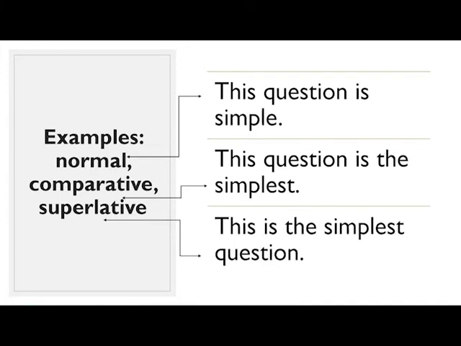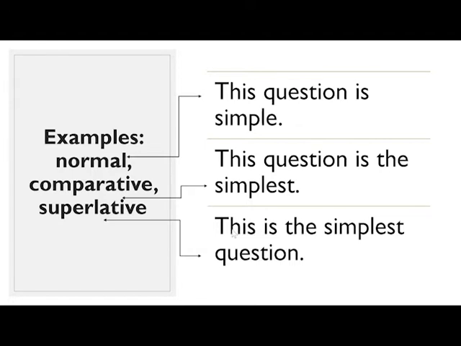So what are some examples? This question is simple. This question is simpler. This is the simplest question. So the first sentence is the normal form of the adjective in a sentence. In the second sentence, we have told you which question is the simplest question.